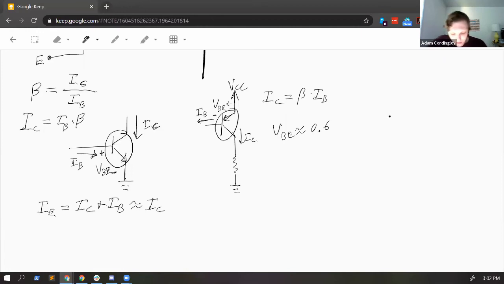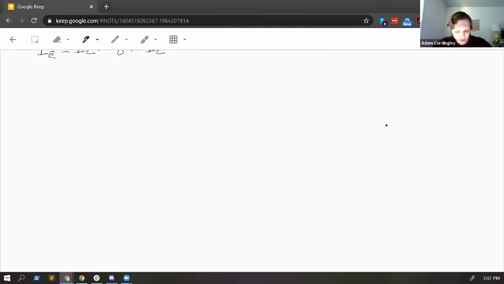So you can use the BJT for many things, but let's take an example where we want to drive some kind of load. I'll call this my load. And I'd like to power it from some VCC, but I only want to power it when I give it a signal to turn on.